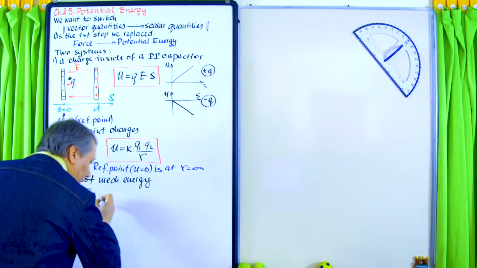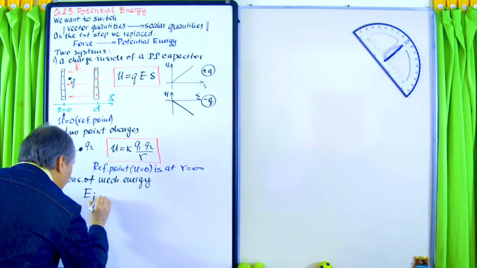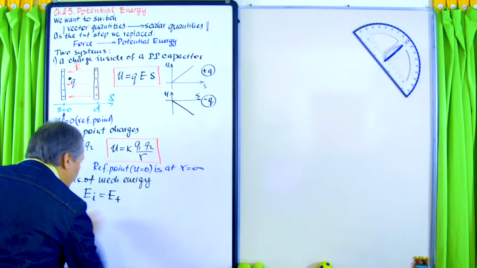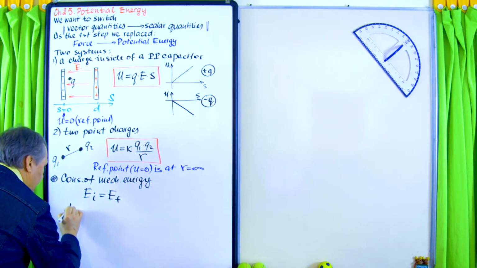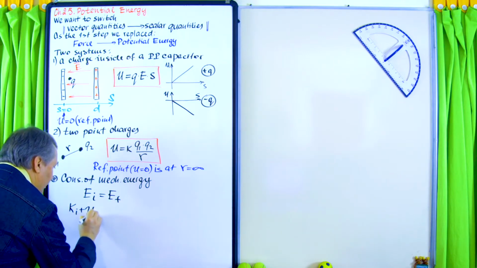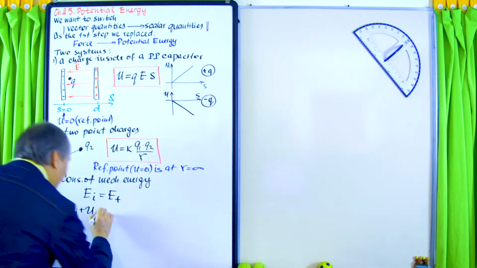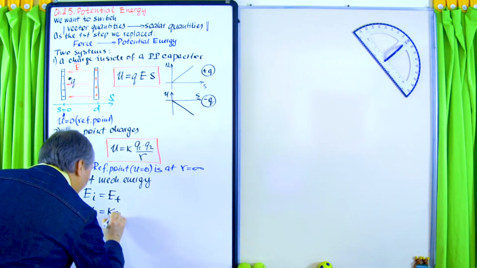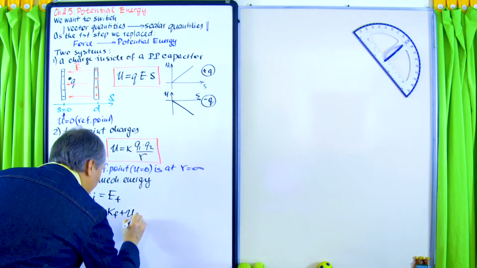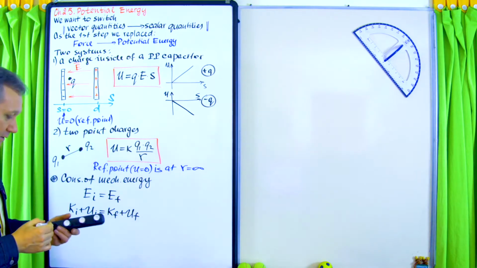So we can write, for example, E initial equals E final. And of course, if you write it explicitly, it will be kinetic energy at the initial point plus potential energy at the initial point equals final kinetic energy plus potential energy at the final point.